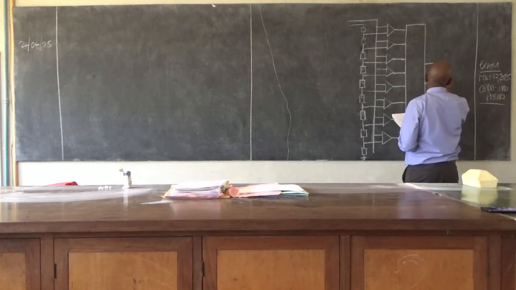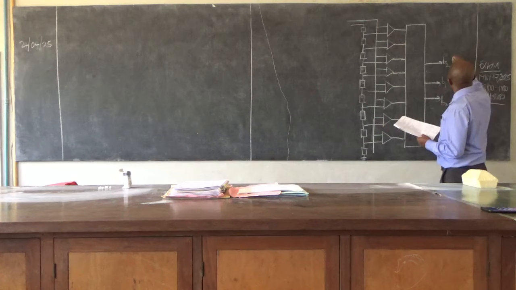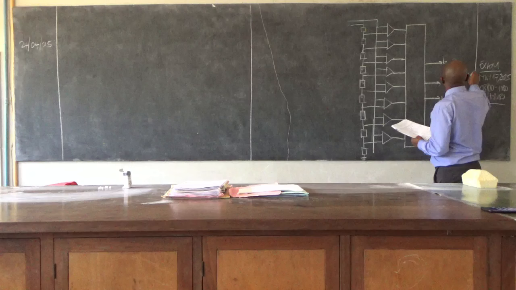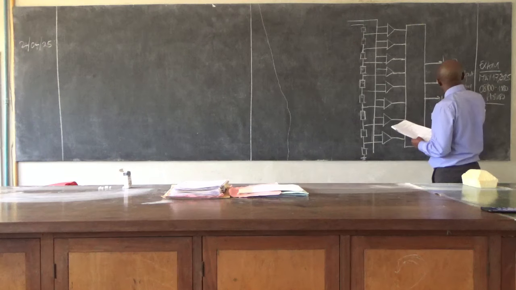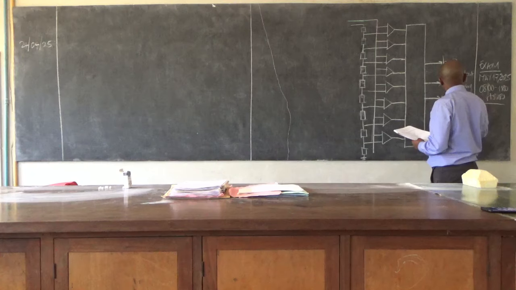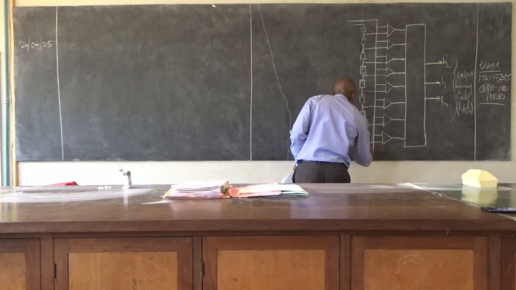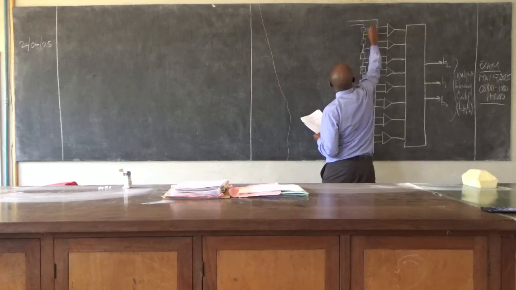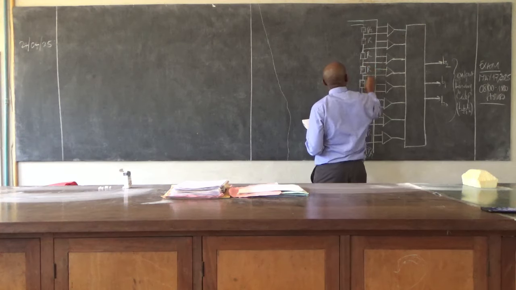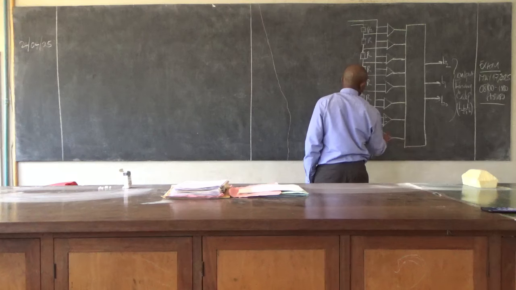B0, B1, B2, these were our output binary code, B0, B2, B1, B0. And these were errors, R over 2, R over 2, then R. These were going to the earthing, so they were invalid.